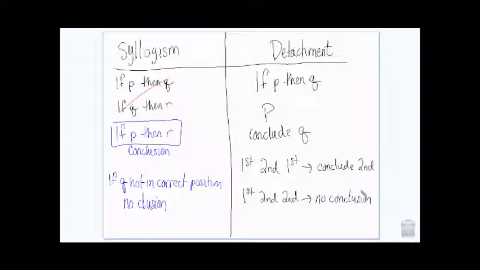An example would be, if I go to the beach, I get sand in my shoes. I go to the beach. So the conclusion is I have sand in my shoes, because I went to the beach. However, if I say if I go to the beach, I'll get sand in my shoes, I have sand in my shoes, it doesn't mean I went to the beach.